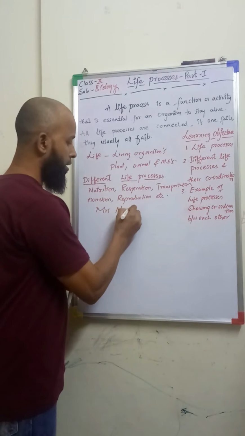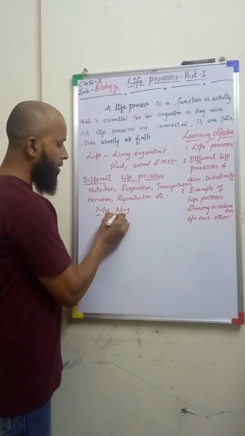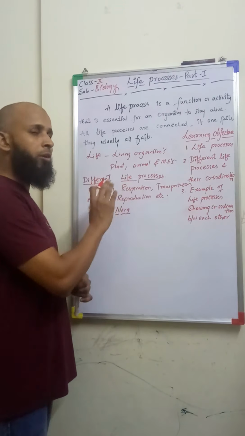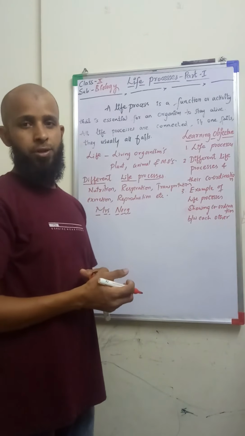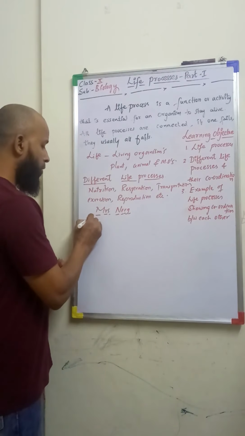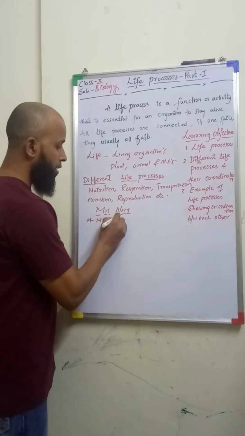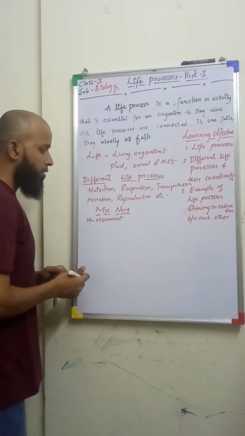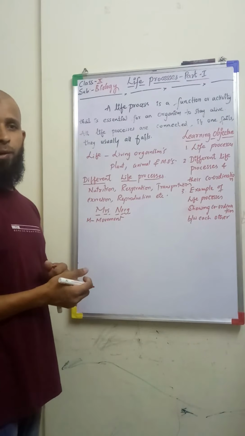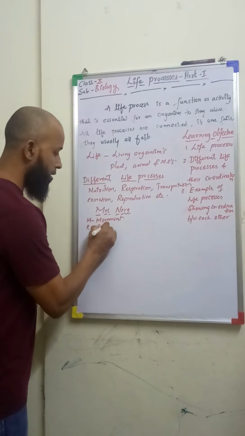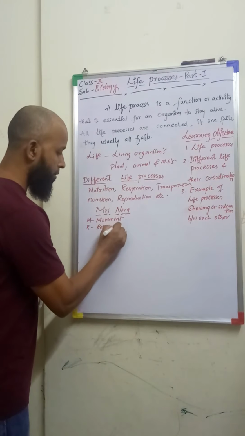To remember the different life processes, we have a beautiful lady with the name Mrs. Nurk. Each and every letter of her name will help you remember the different life processes. For example, the letter M is movement. The letter R is respiration.